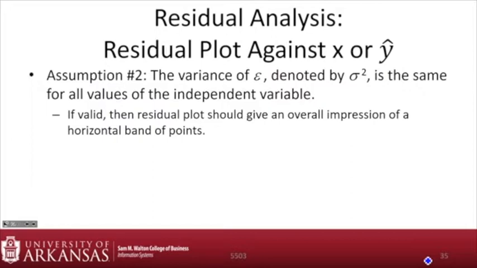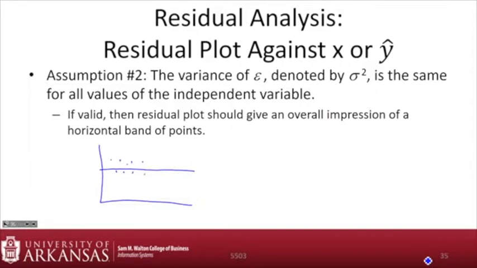So assumption number 2, the variance is the same for all of our values of our independent variable. If this is true, which we want it to be true, our residual plot should give an overall impression of horizontal bands. So we're going to get residuals, and you'll have residuals above and you'll have residuals below.